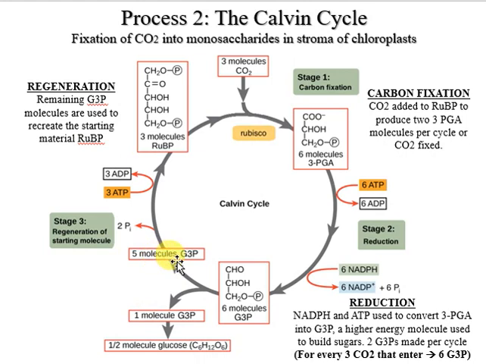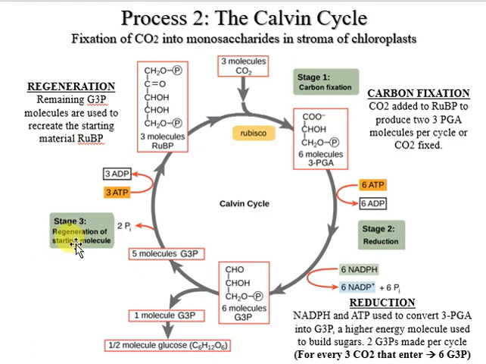But what about the other 5 molecules? What happens to them? Well, they will be recycled. Right? They're going to be recycled into the third phase of the Calvin cycle, which is your regeneration.